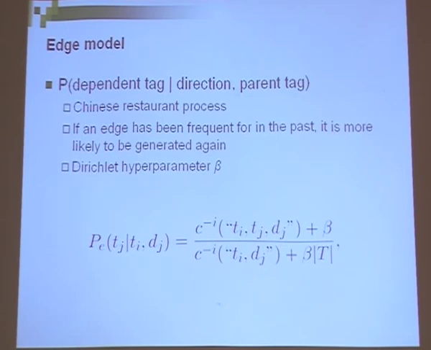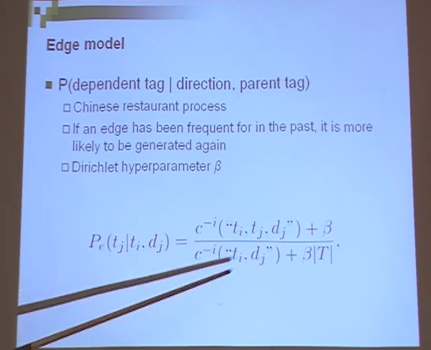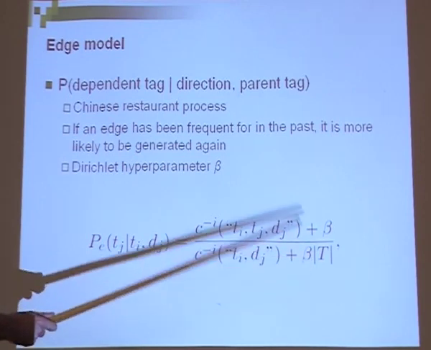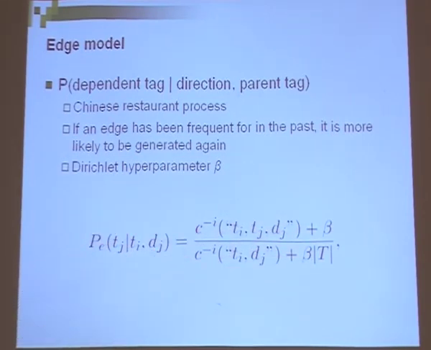And beta here is a Dirichlet hyperparameter, which is needed there because it's something like smoothing. If I have generated only the first edge, I have only one edge, and after that I would have to generate it again if I don't have this smoothing. I don't know whether it's clear, but.